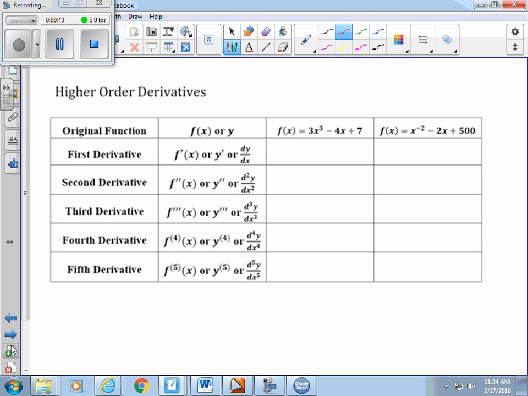I have two equations here. This says x to the negative 2, by the way. And I want to find the fifth derivative, all the way down to the fifth derivative of each one.